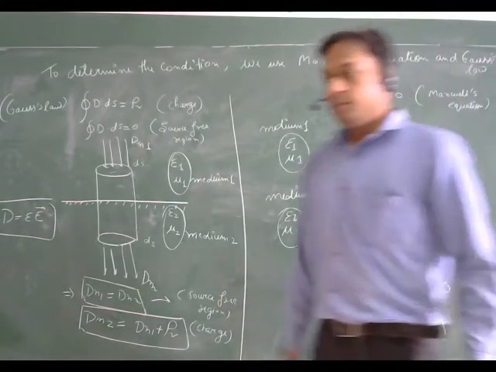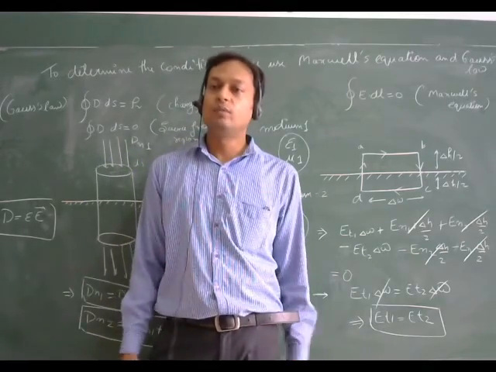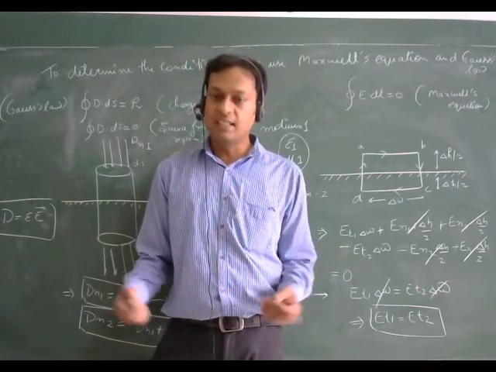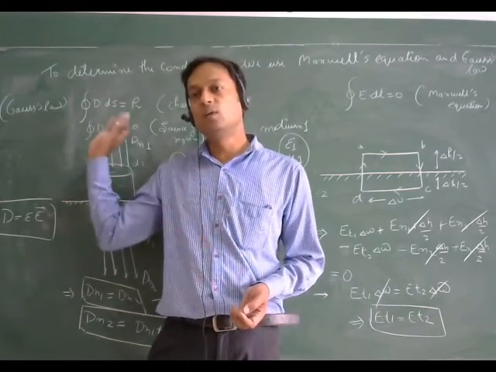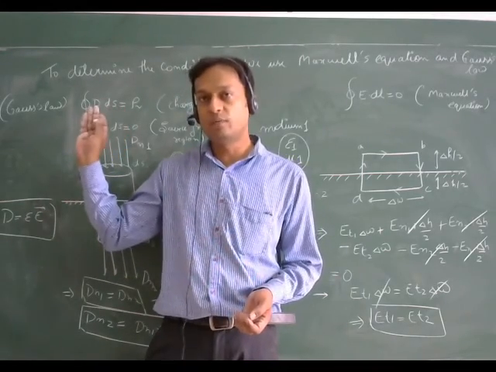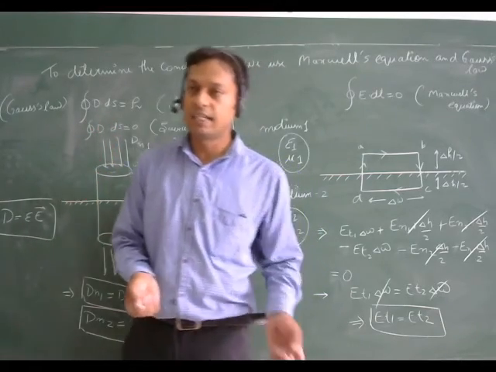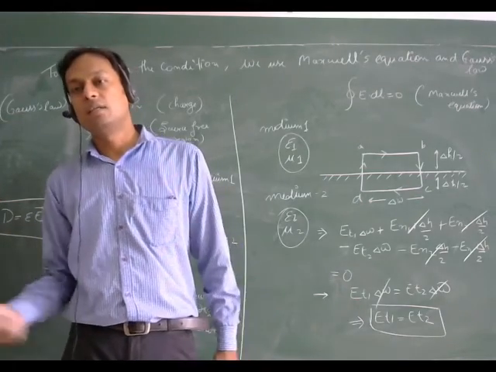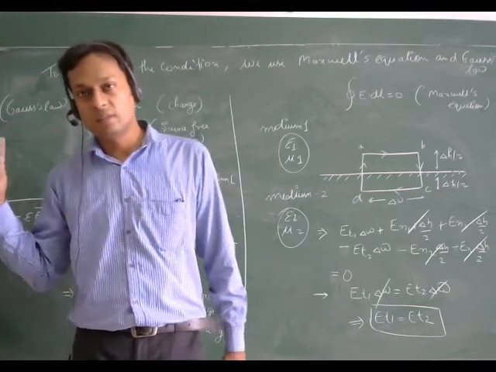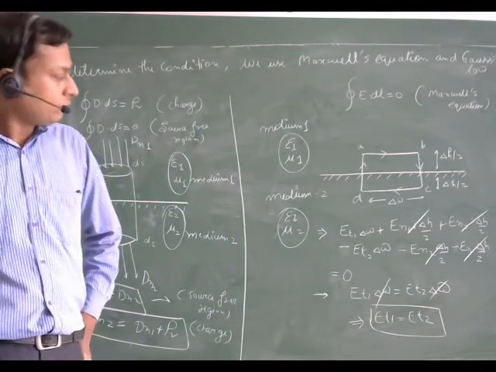So here we have evaluated this boundary condition to find the value of electric field. When we know the value of electric field in a given medium, then this boundary condition is utilized to evaluate the value of electric field in another medium, which is the effect of the electric field in the first medium.